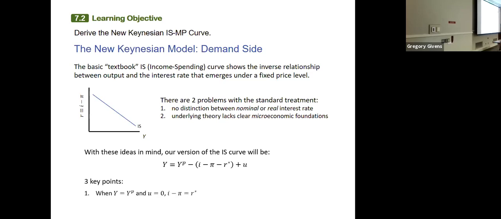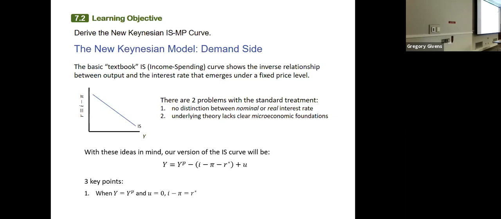There are 3 points I want to make about this very simple IS equation. You will notice that when actual output is equal to potential output, and when there are no demand shocks, so U is 0, then what do we have? Actual and potential output are the same, and the real interest rate out of this equation is going to be exactly equal to R star.